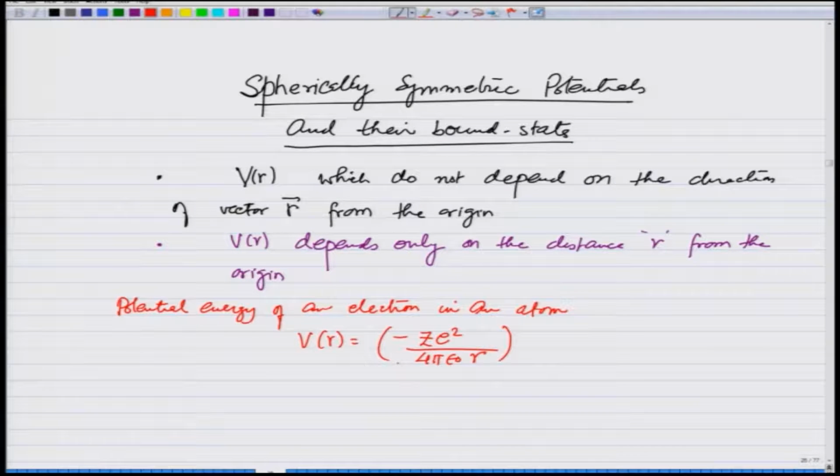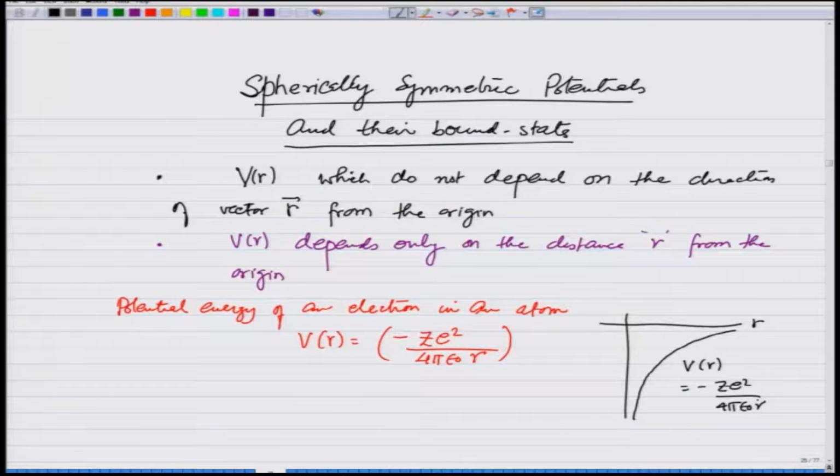It depends only on r, and the way it behaves from the origin is like this. So, if this is r, then it behaves like this, depends only on the distance. So, this is V(r) equals minus Z e square over 4 pi epsilon 0 r.